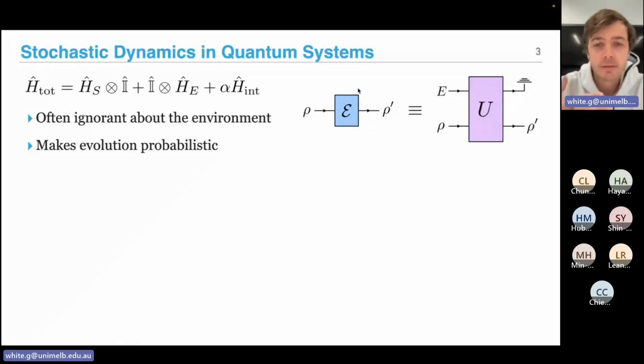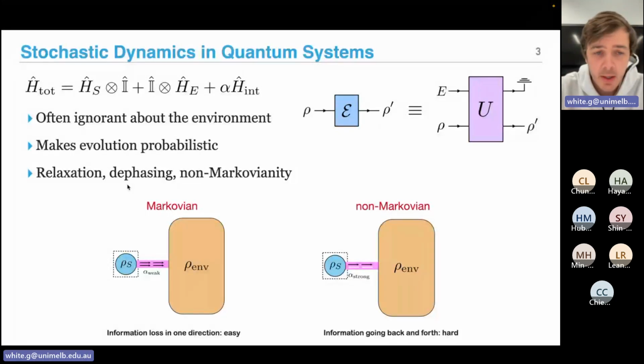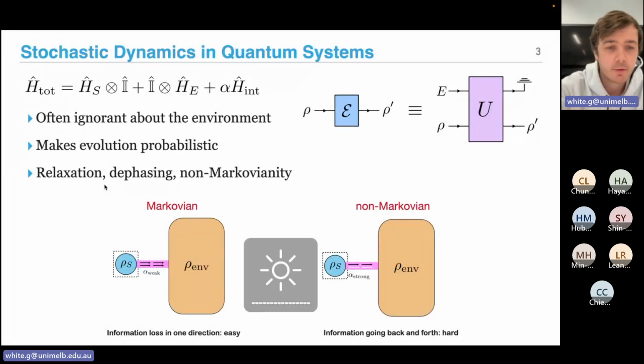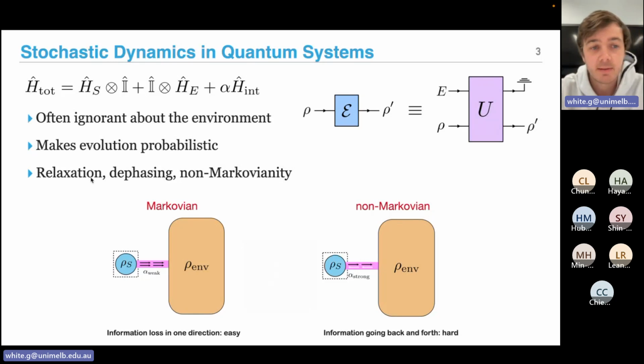So you end up with stochastic evolution rather than deterministic evolution. These effects give rise to familiar stochastic noise issues in quantum devices like relaxation and dephasing, which are relatively straightforward to understand, but also more exotic effects like non-Markovian memory effects.